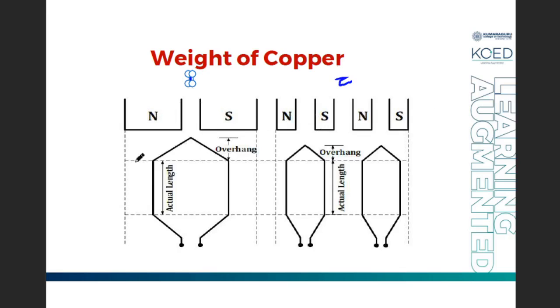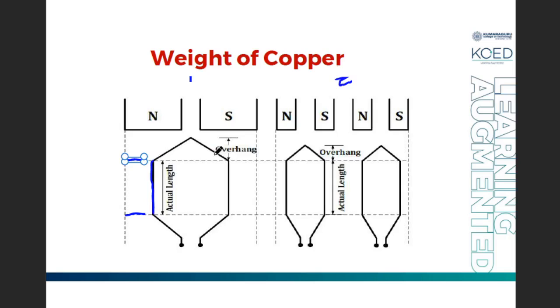Now these two dotted lines indicate your armature. You can see that this portion is the winding which is getting connected to a commutator segment. This portion is the actual conductor which is lying in your slots, and this conductor portion is lying outside the slot.